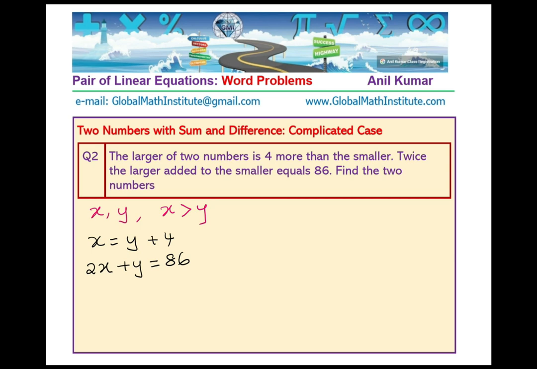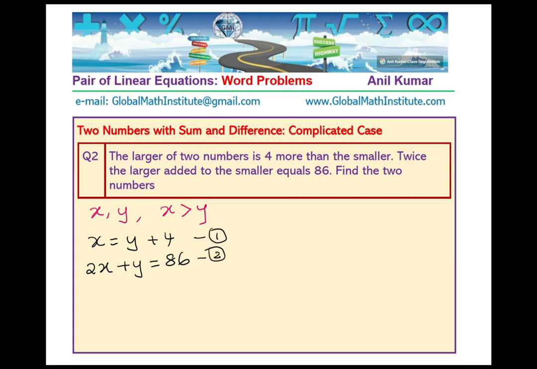Is it right? The larger of the two numbers is 4 more than the smaller, x equals y plus 4. Twice the larger, 2x, added to smaller equals 86: 2x plus y equals 86. Perfect. So we can now label them as equation 1 and equation 2.